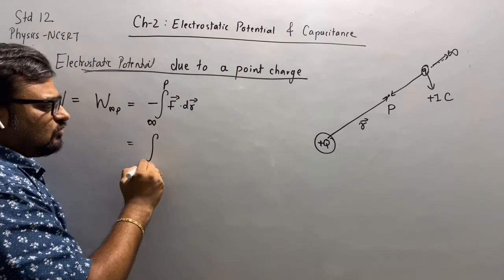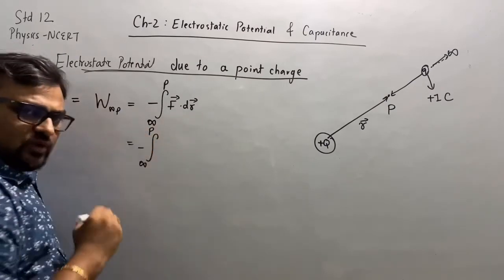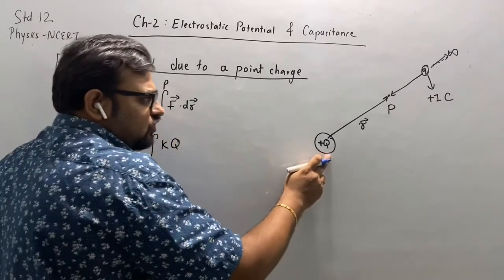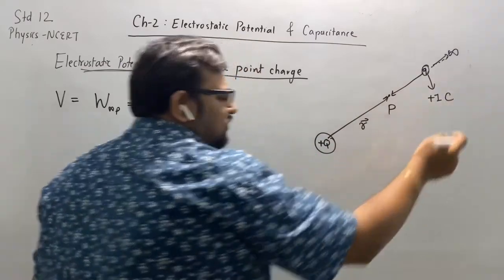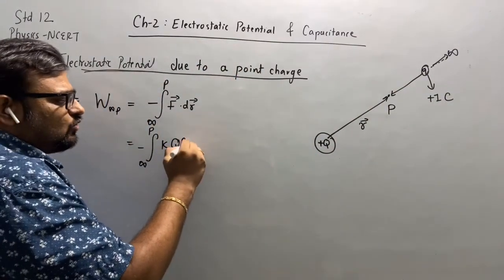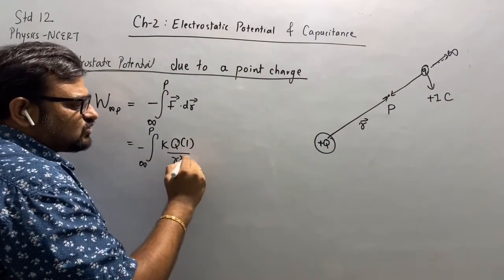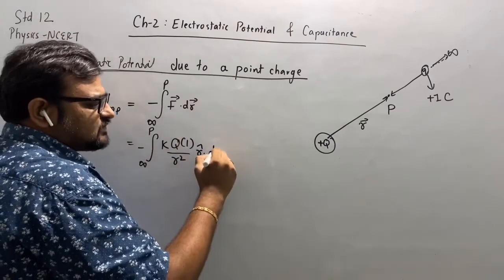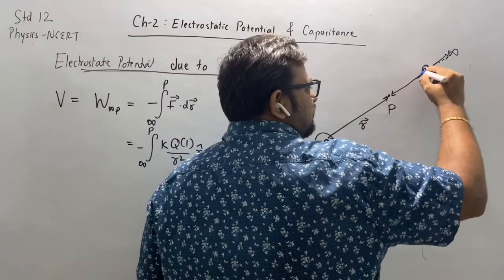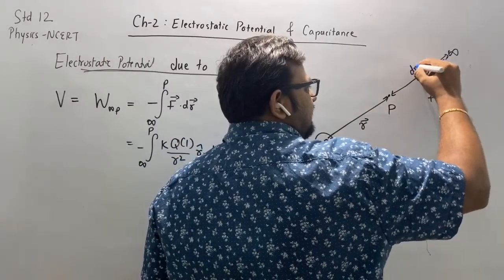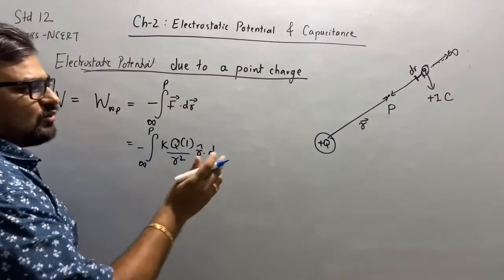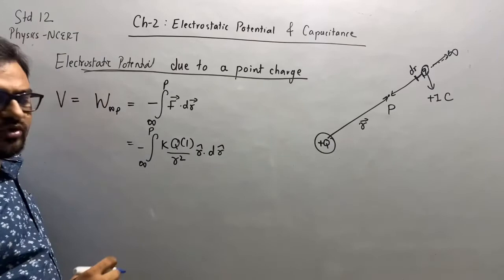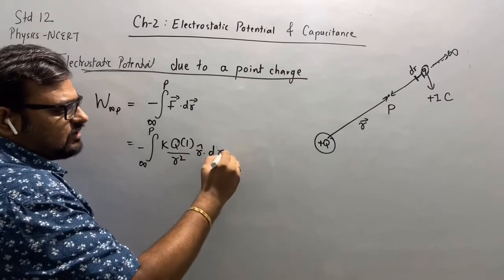K Q1 Q2 by R square. Q1 is capital Q, Q2 is small q, which is equal to 1 coulomb. So putting that value, 1 by R square into unit vector r, and taking a small displacement dr, in the same direction, dr into r.